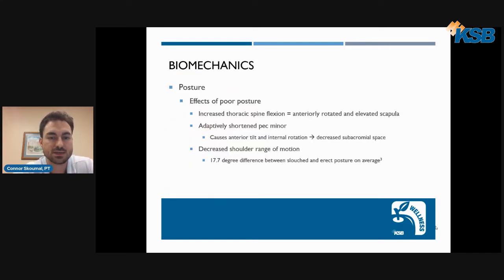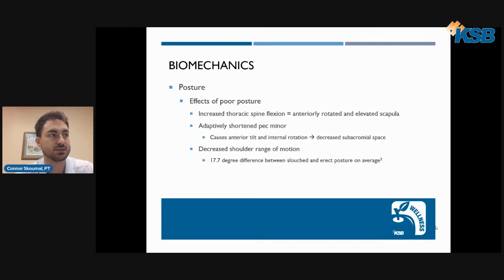So posture, like I said, very important. There's a lot of different effects of poor posture. One thing is increased thoracic spine flexion. That causes that scapula to rotate anteriorly, and then also it causes it to go up. So that's something we don't want, and it decreases subacromial space. Also, poor posture causes an adaptively shortened pec minor.